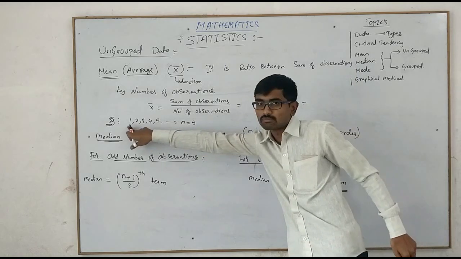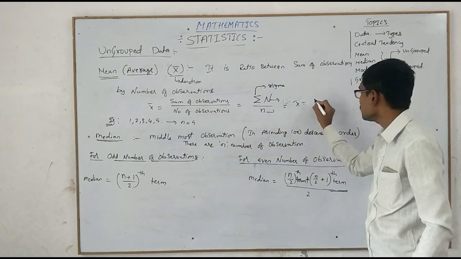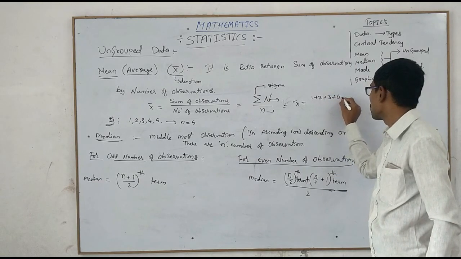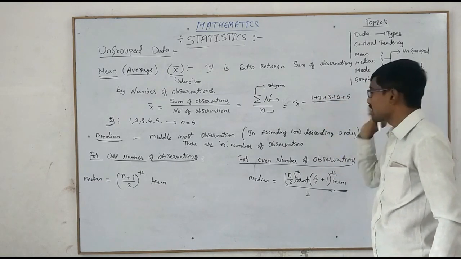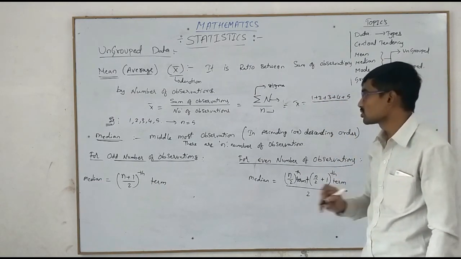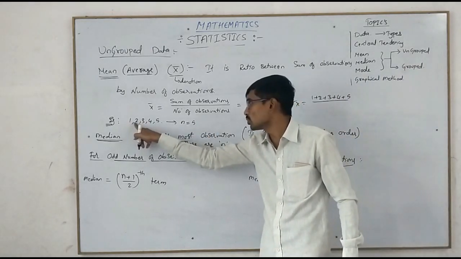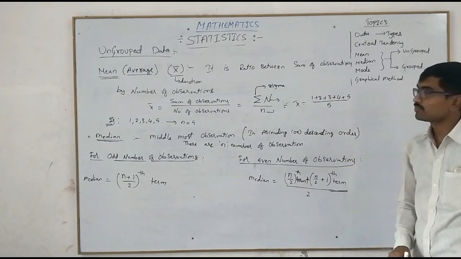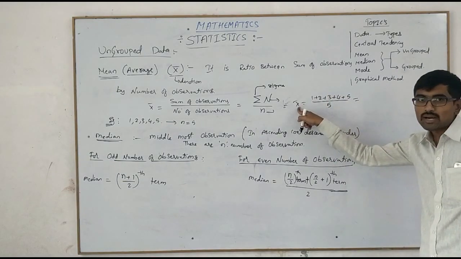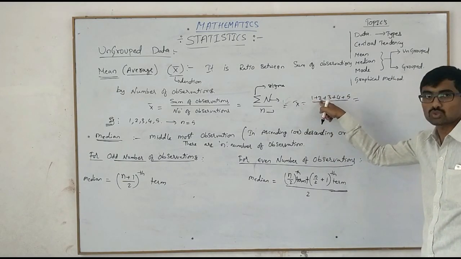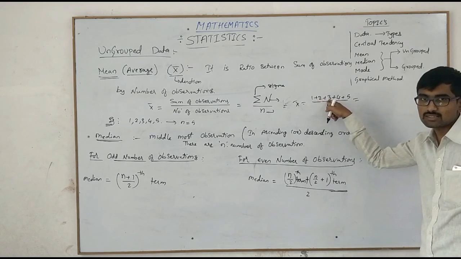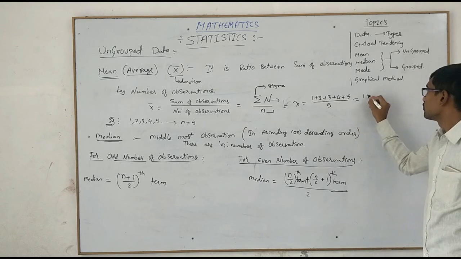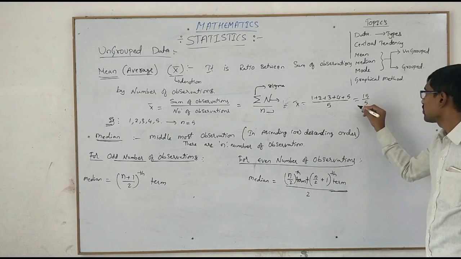We add all the observations: 1 plus 2 plus 3 plus 4 plus 5, divided by the number of observations. How many observations are there? 1, 2, 3, 4, 5, so divided by 5. So x bar is equal to 1 plus 2 is 3, 3 plus 3 is 6, 6 plus 4 is 10, 10 plus 5 is 15, divided by 5.